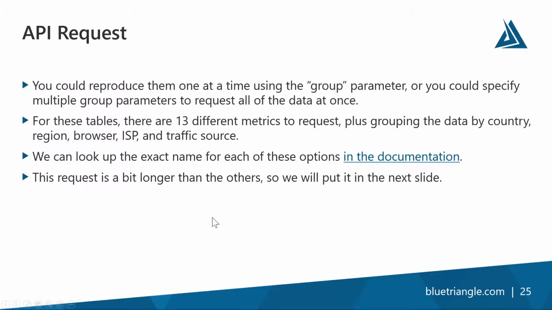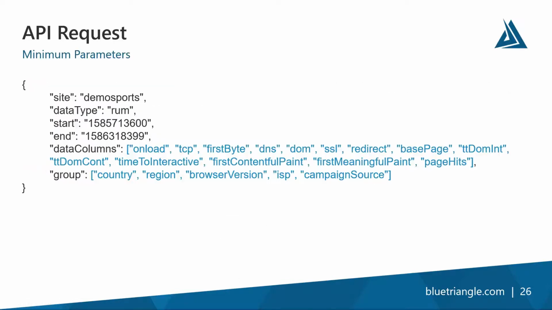This request is going to be a little longer, so we're going to show you this on the next slide. Here's what it's actually going to look like. We have our basic 6 parameters here, and what you see in blue is what we've added to get this data. In a second you'll notice we're not quite done yet, but let's look at what we're doing.